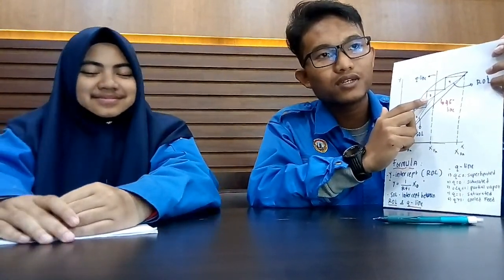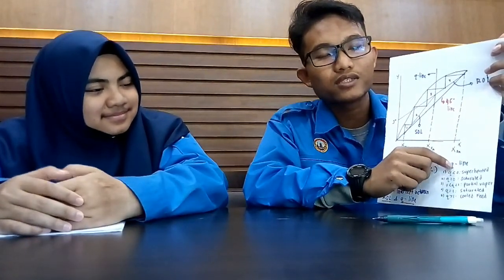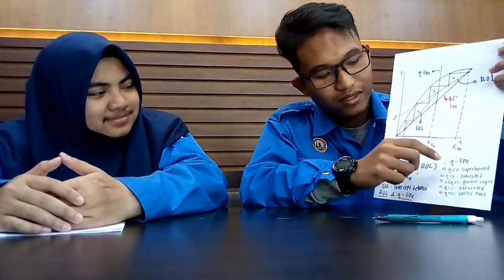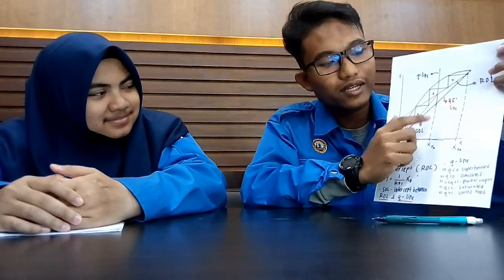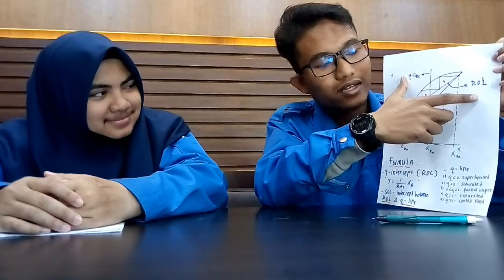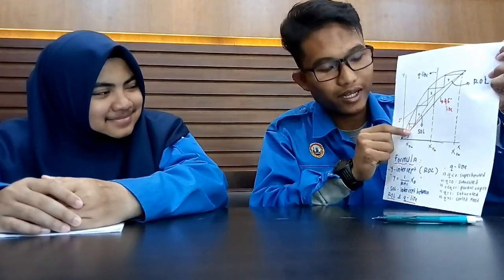If the feed is at its boiling point, then q is equal to 1, so it is a vertical straight line. To find the SOL, it intersects between the ROL and the Q line, where this is the SOL line.